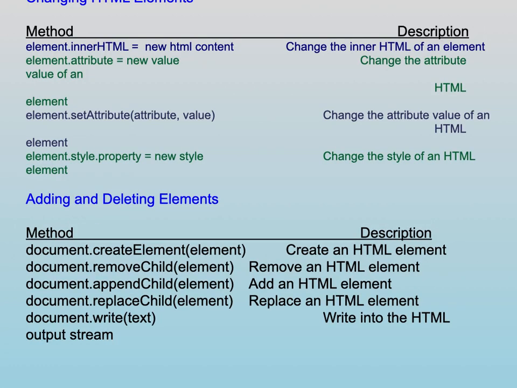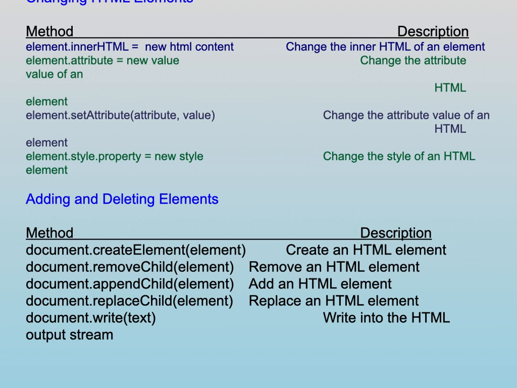So here some examples are specified. element.innerHTML equal to new HTML content. Suppose we are finding the element by using document.getElementById. Then that method will identify the element by executing that command, that is document.getElementById in brackets demo .innerHTML.